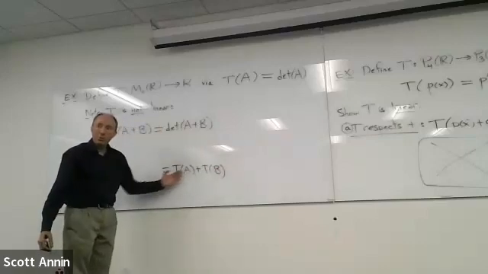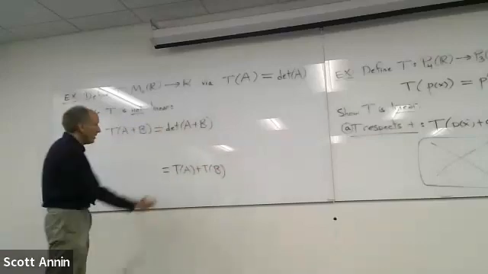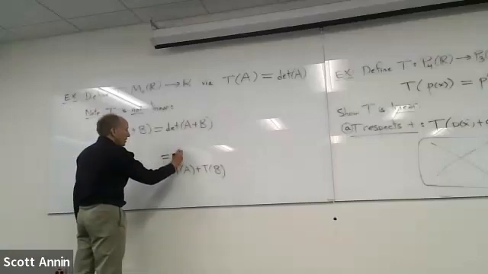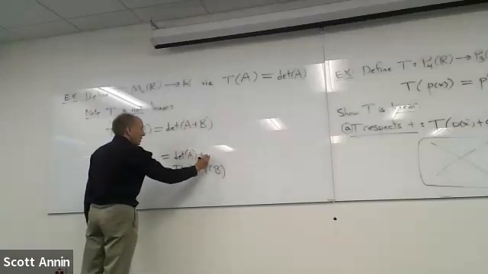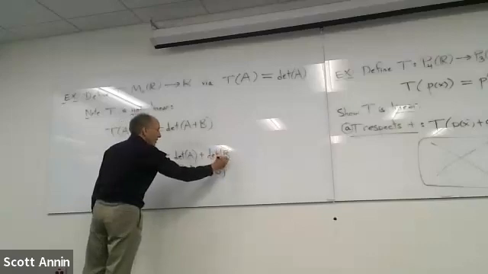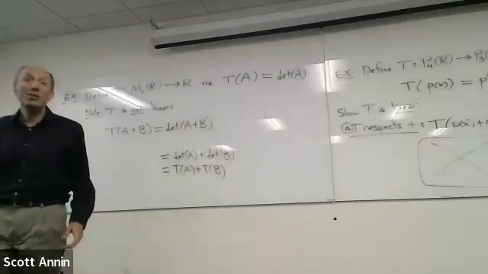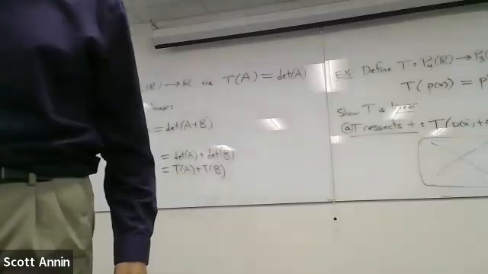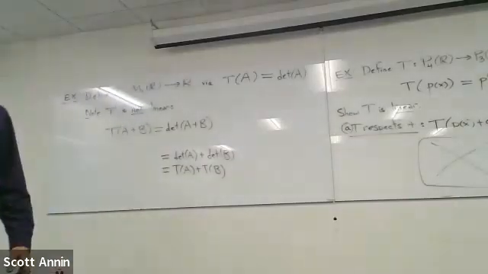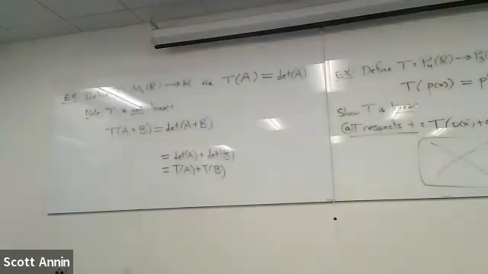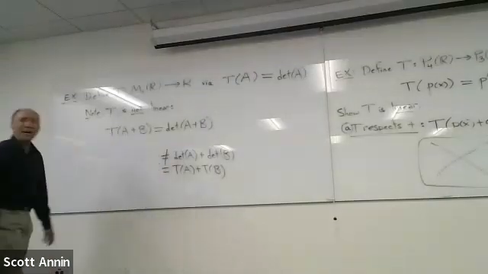T of A plus T of B should be at the bottom, but if I think backwards for a minute, that's going to be the determinant of A plus the determinant of B. Is this true? We actually saw that in the group work, I think, and probably also in the homework, earlier in chapter 4, when we were looking at subspaces and stuff. It did not work. This is a not equals right here, folks.